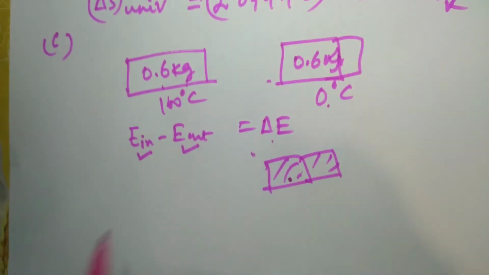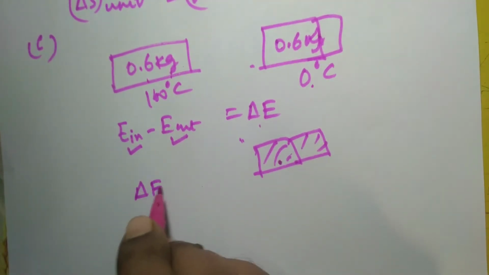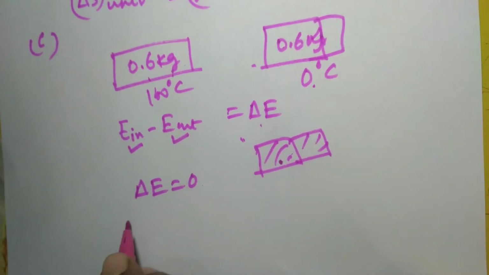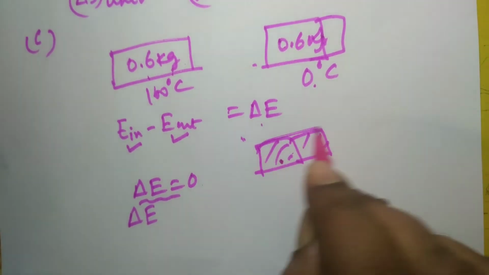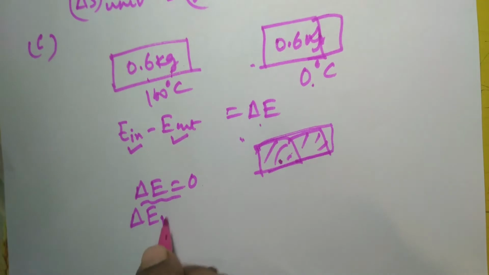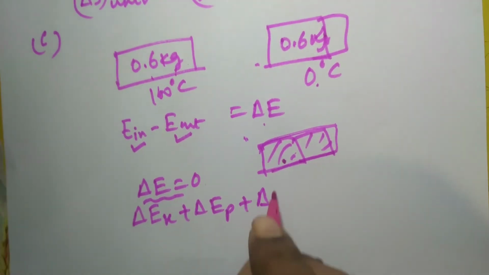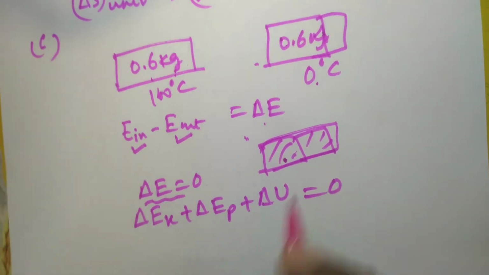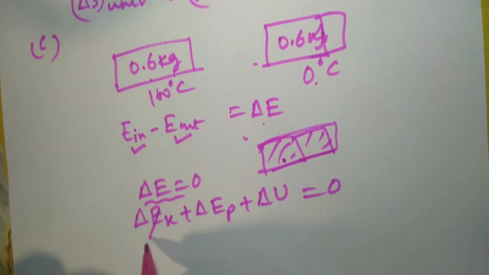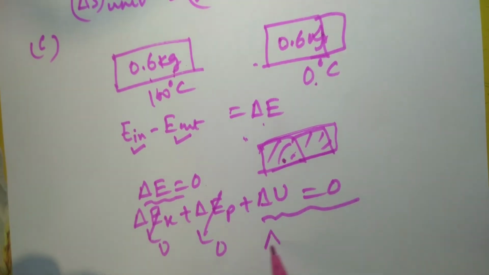So the final equation would be delta E equal to 0, the change in energy of this whole system: delta Ek plus delta Ep plus delta U equal to 0. In this case, delta Ek is 0, delta Ep is 0. So the final equation is delta U equal to 0.